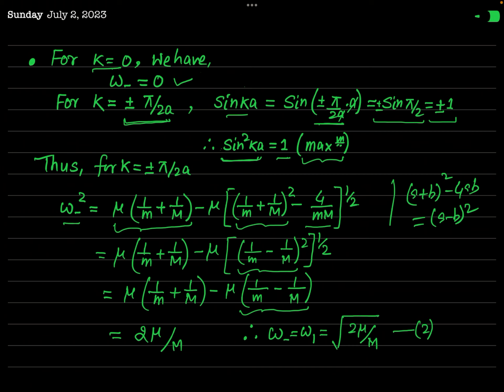So our result is mu times (1 over small m plus 1 over capital M) minus mu times (1 over small m minus 1 over capital M).